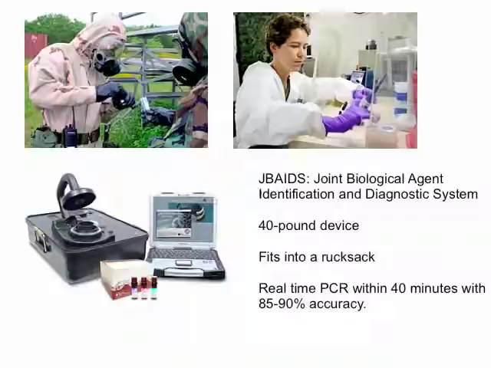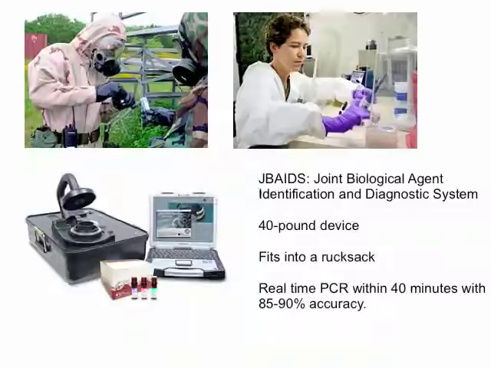The Department of Defense has put a lot of money into systems, initially just for identifying microbial threats, say in a terrorist attack. And there's this company in Idaho, Idaho Technology, that has made this thing they call JBAIDS, of which the DoD is buying a lot right now, and they're beginning to deploy them into the field. It's a Joint Biological Agent Identification and Diagnostic System.